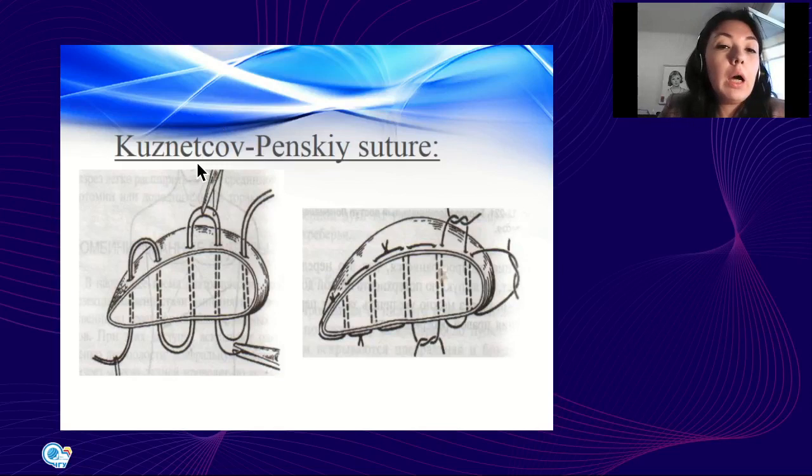But still, look, how to apply it. So you take two threads at the same time, and you make simple continuous suture at the margin of the wound. And it's even better, so as not to confuse the threads, to use threads of different color.